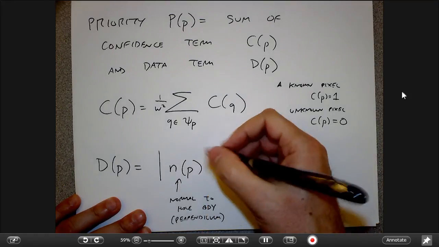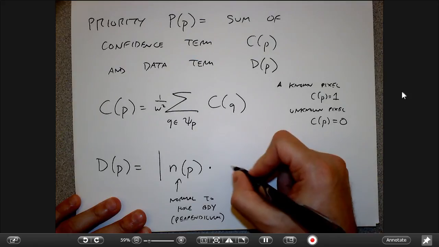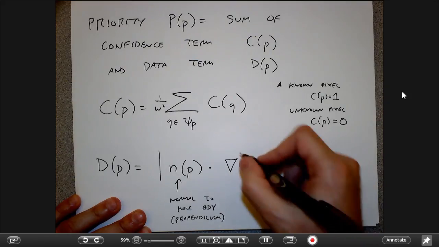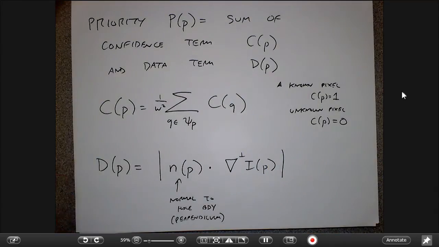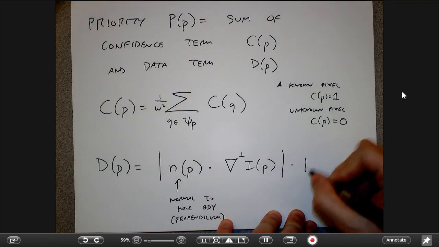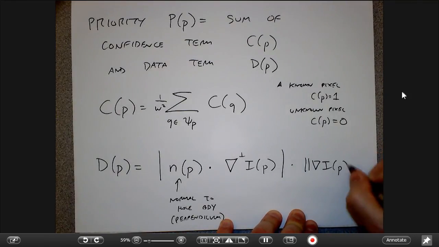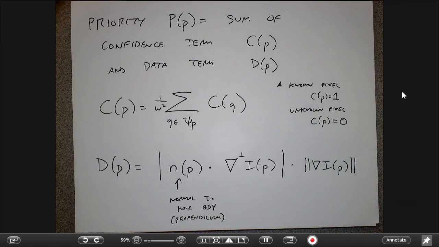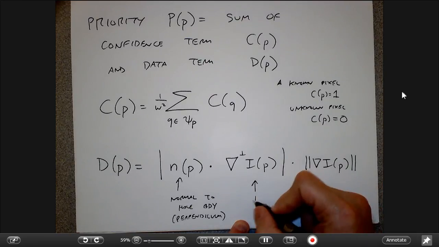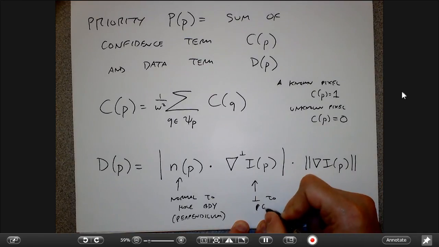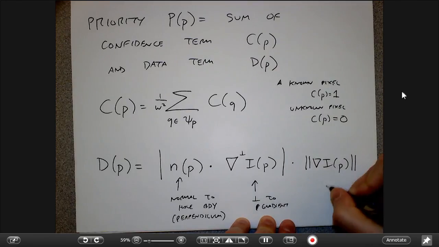That vector dotted with the gradient, basically, this is the data term perpendicular to the gradient. So what this is saying is that this is perpendicular to the gradient, and this is the magnitude of the gradient.